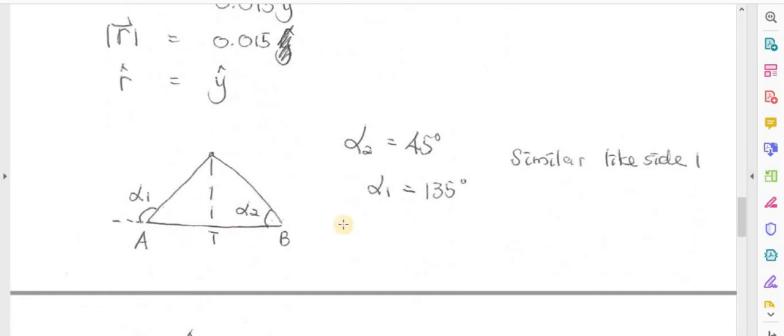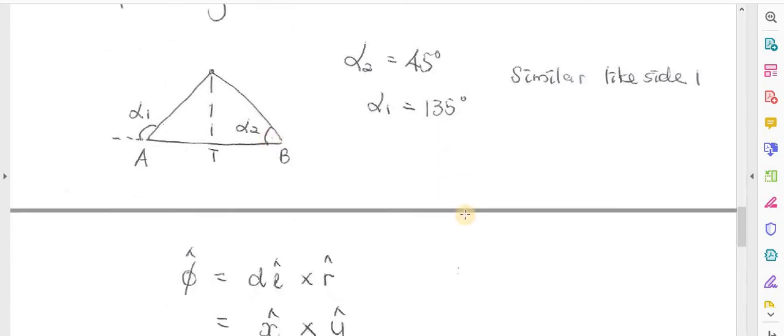Its condition is very similar to side 1. When you connect them, the end of the line, this is A and B. Alpha 1 is here, alpha 2 is here. This will be your magnitude of vector r, so we don't need to calculate anymore. For alpha 2 it is 45 degrees, and for alpha 1 it is 135 degrees.